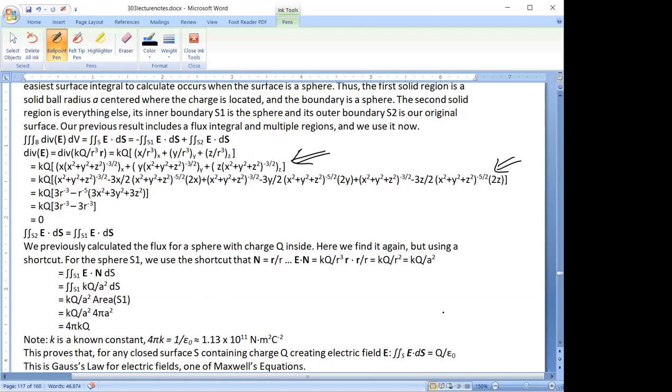And so by knowing what the constants are, we can then turn this around and say that the flux, the double integral over the surface of E dot dS, is just Q.